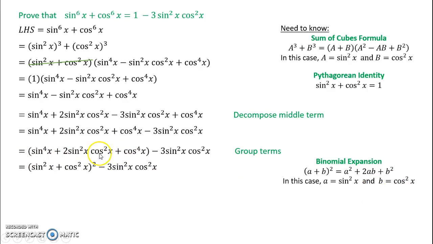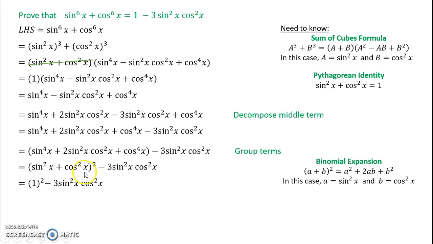So this expression here is going to equal sine squared x plus cos squared x, squared. If we expand this, we're going to go back to this expression, according to the binomial expansion formula.